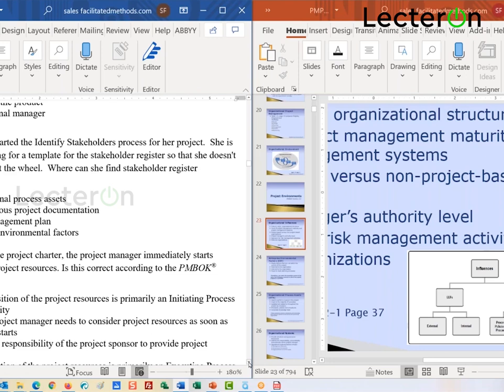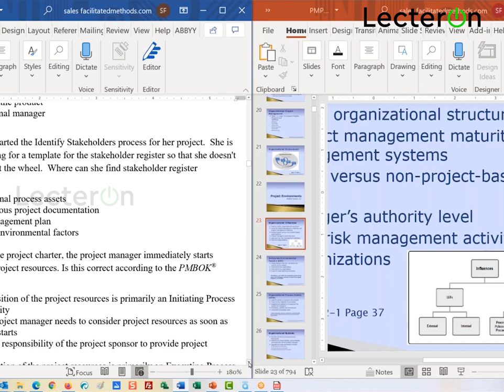Your project management plan is not the stakeholder register. They really don't have much to do with each other. And it's not an EEF, because I don't think the organization, Panasonic, says this is the way you're going to identify all your stakeholders. If it were a policy for everybody that you would always have to follow, a good example of another EEF that's internal to the organization would be how you go about doing purchasing.